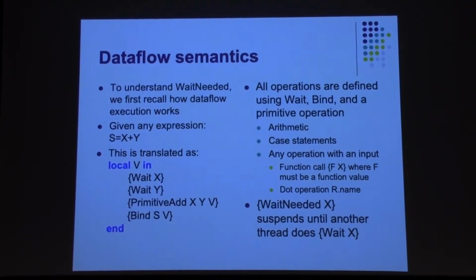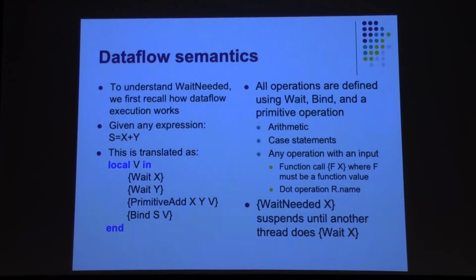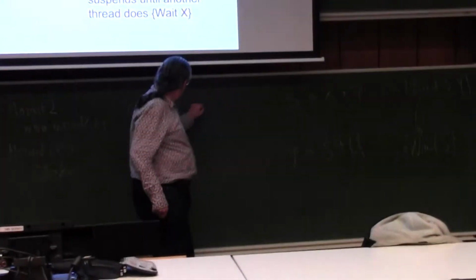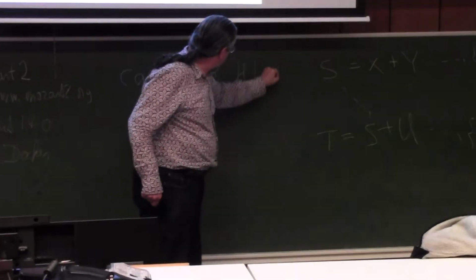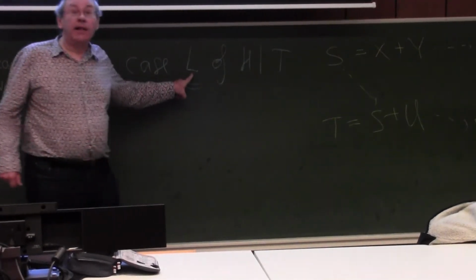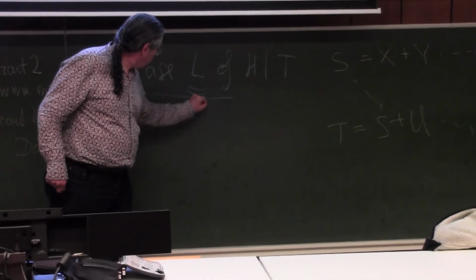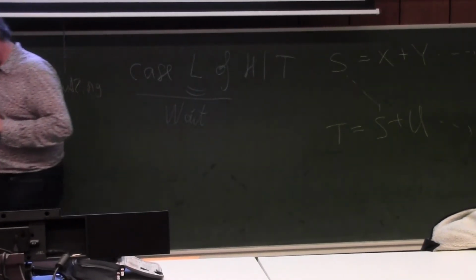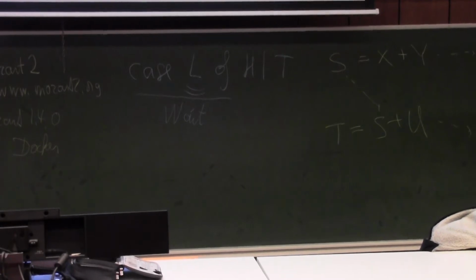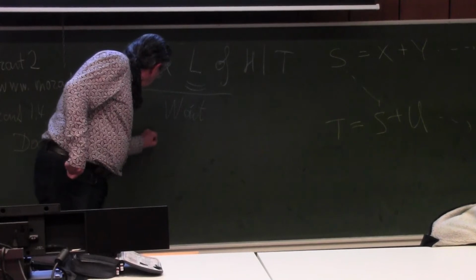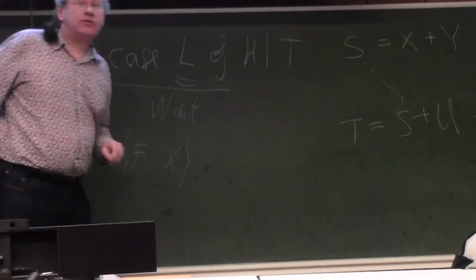And many operations have to wait. Arithmetic, of course, has to wait. Case statements have to wait. If I do case L of h bar t, it waits until L is bound to a list. So the case also has to do a wait, because it needs L. And other operations too. If I do a function call, f of x, remember functions are values.